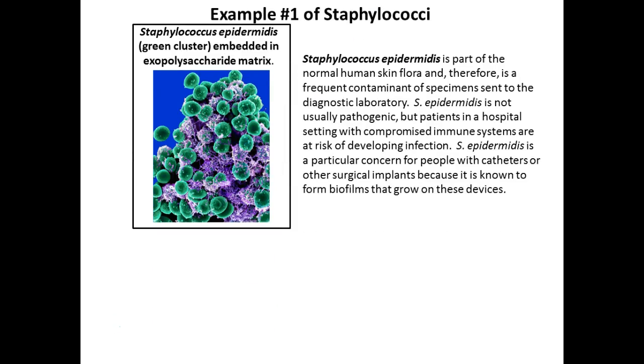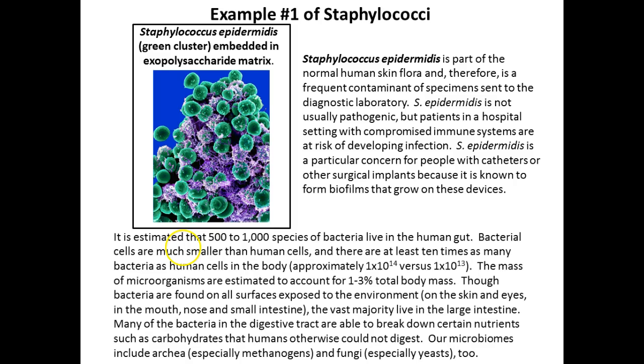So Staphylococci I already mentioned. Staphylococcus epidermidis is commonly found on our skin, right? It's a non-pathogenic strain, and one of the organisms that we'll work with in lab. And so again, they tend to cluster, and these guys actually tend to produce a matrix outside of their cells that even sticks them together, even though they're unicellular organisms.